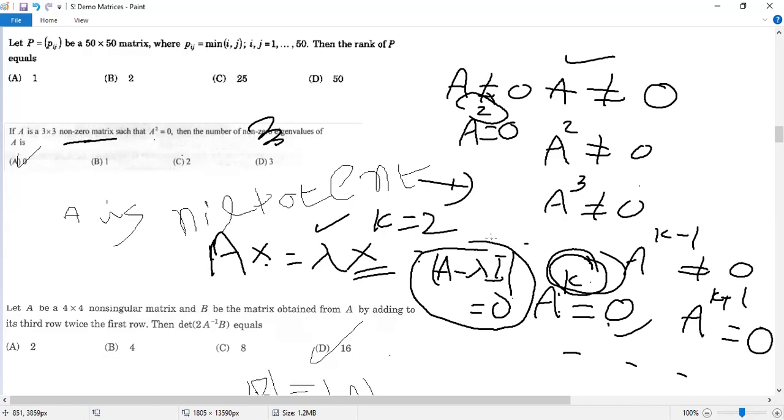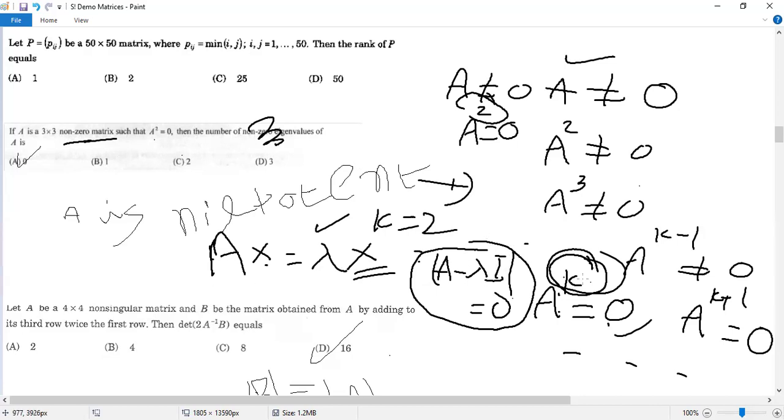So here, if nothing else is given, we simply inferred that A is a nilpotent matrix. Then we have a shortcut for a nilpotent matrix. When I take up the topic, I'll give you all these shortcuts. All eigenvalues of a nilpotent matrix will always be 0, whatever the index may be.